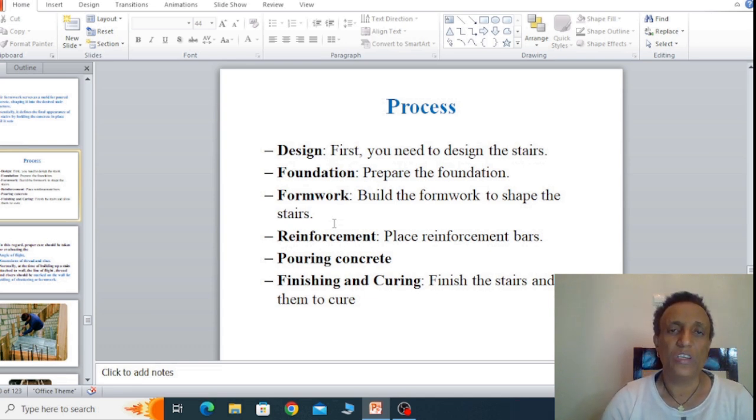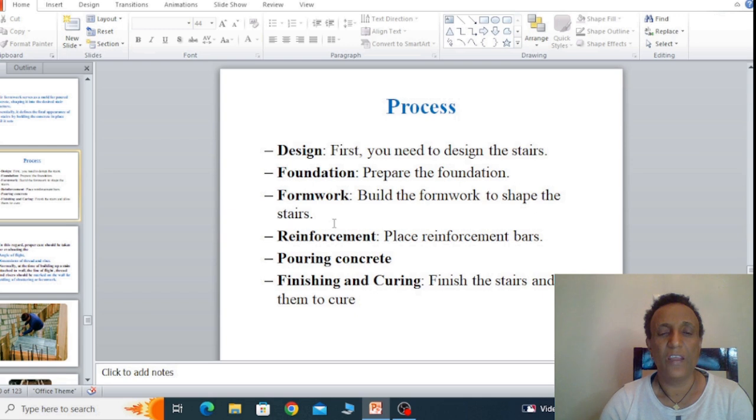There is a process of staircase construction. First, design the stair. Design is planning the stair. And second, the foundation is constructed in the right position. After that, the formwork will be developed to support the wet concrete.